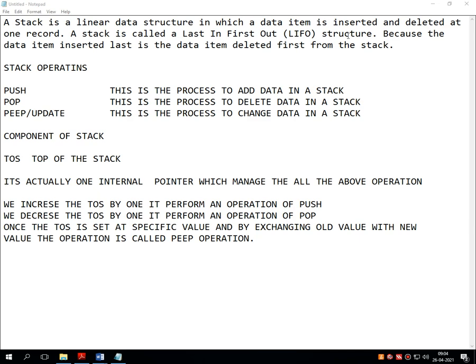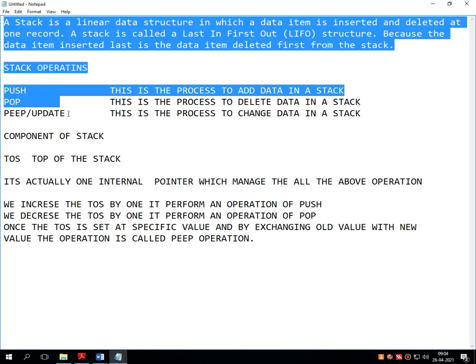Suppose we are increasing top of the stack by 1, then it performs the operation of push. If we decrease the top of the stack by 1, it performs the operation called pop. And once we set top of the stack at a specific position of the stack and replace the value there with a new one, the operation is called as pip, or you can say update.